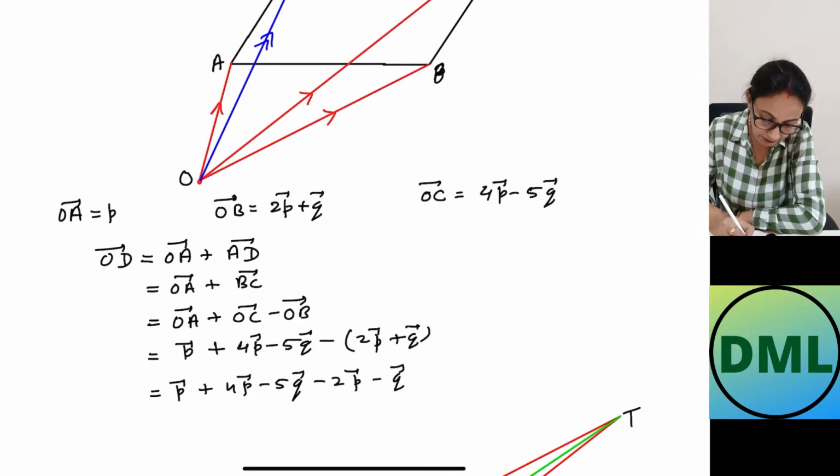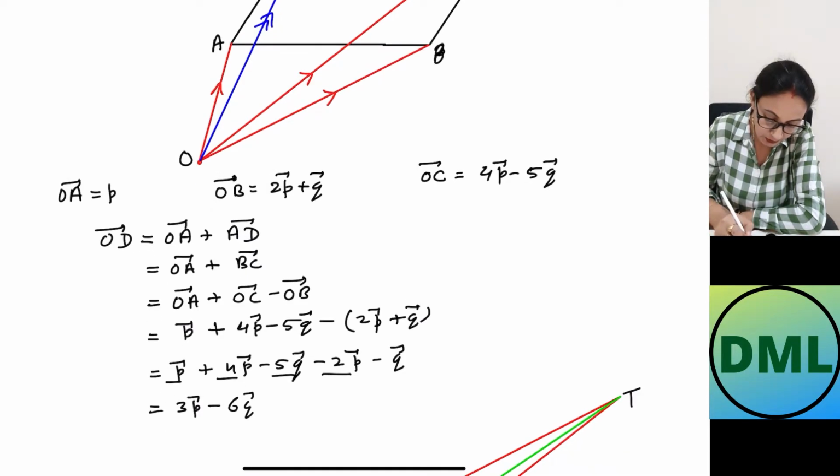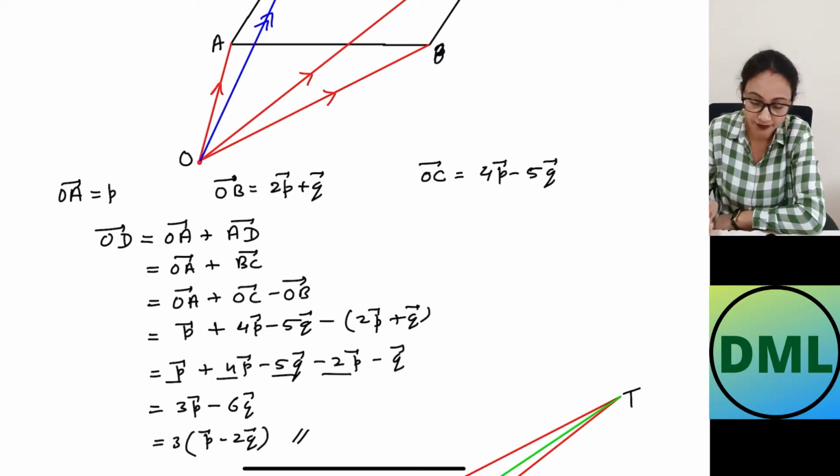If I combine the vector P, it will be 5 minus 2 is 3P, and if I add Q, it will be minus 6Q vector. From this 3 is common, so it will be 3 times P minus 2Q vector. So this will be the answer for your position vector of D.